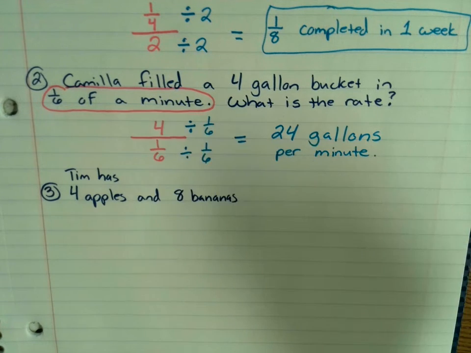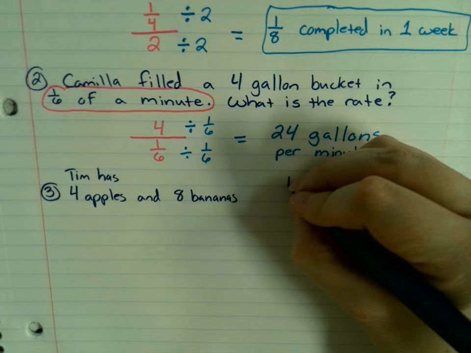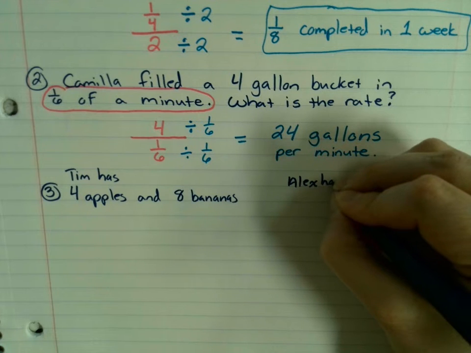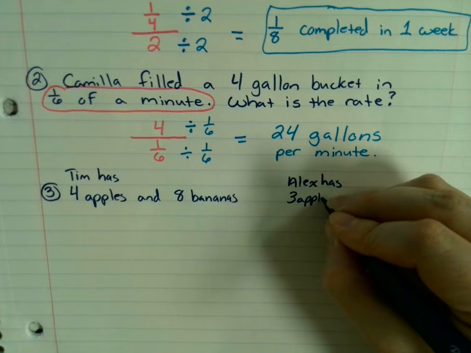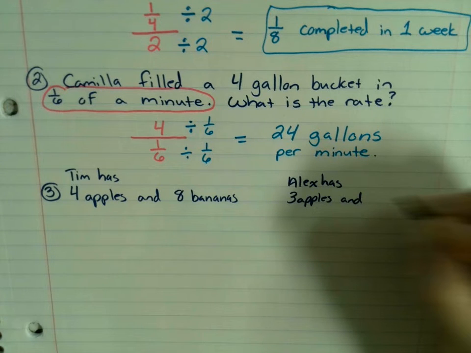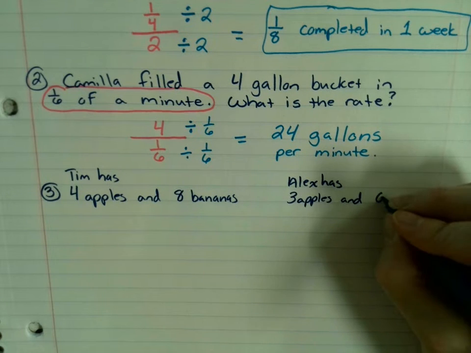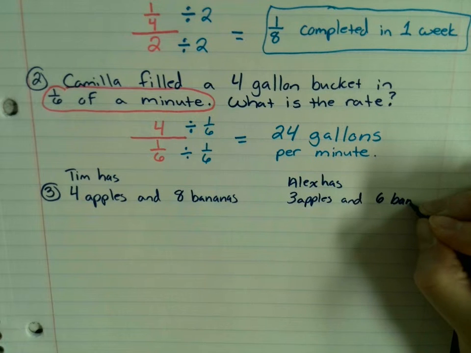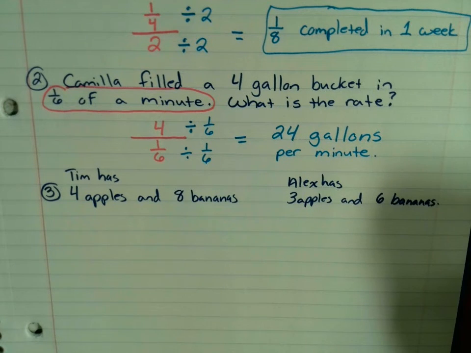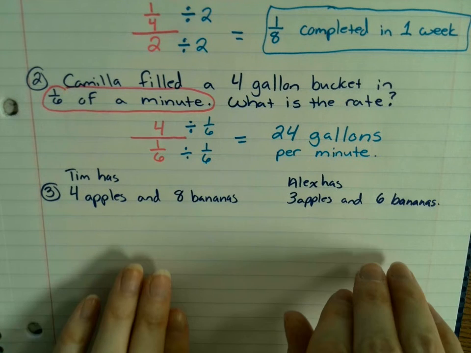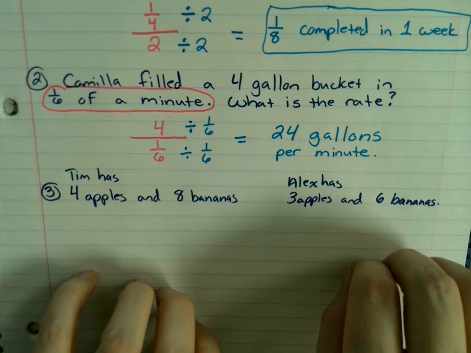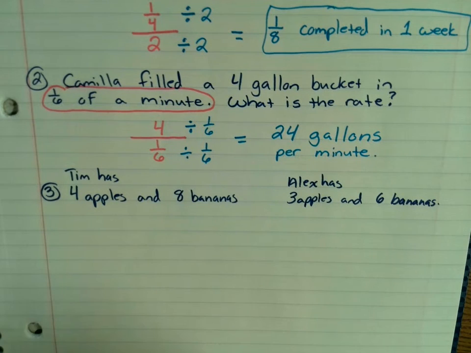Alex has 3 apples and 6 bananas. I want to know if these are equivalent ratios. If not, then who typically would have more in comparison?